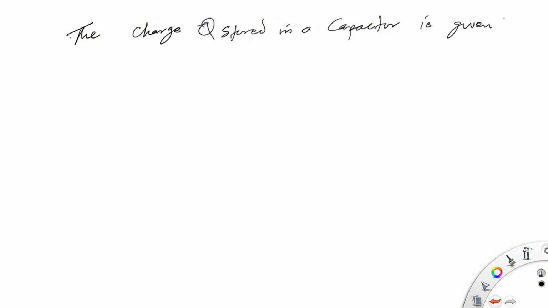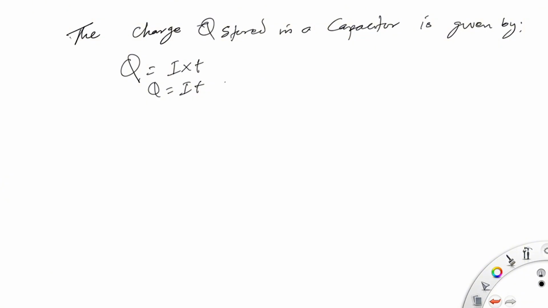Alright, let's see now the charge. We represent charge with Q, stored in a capacitor, is given by Q is equal to I times T, Q equals IT.